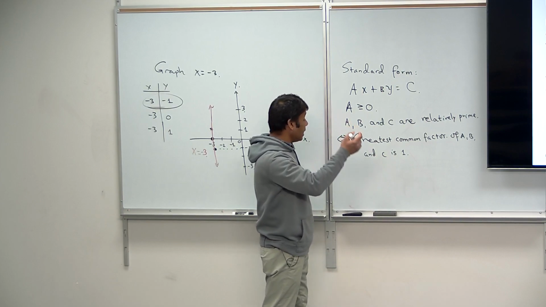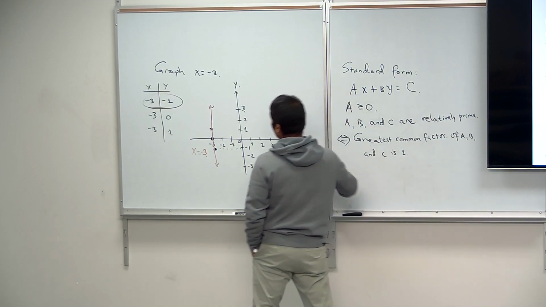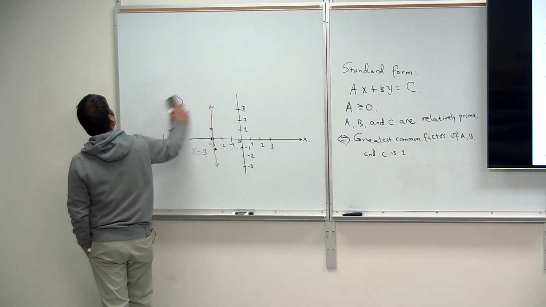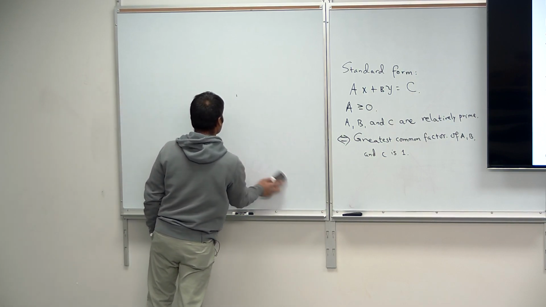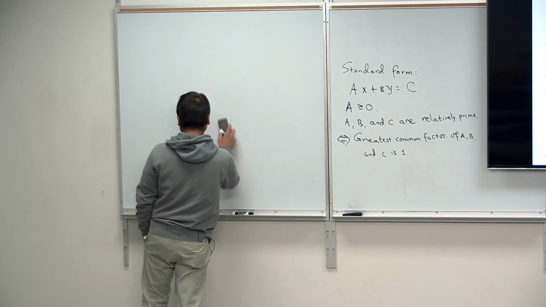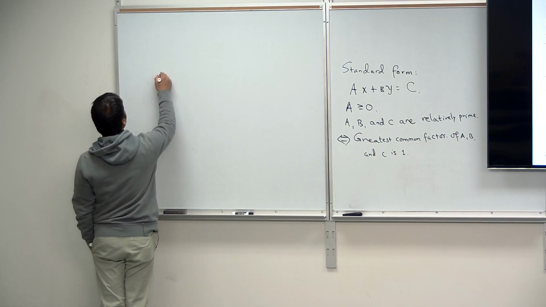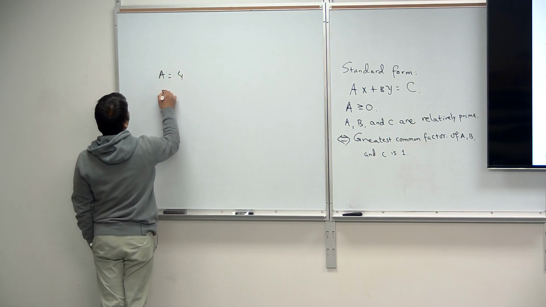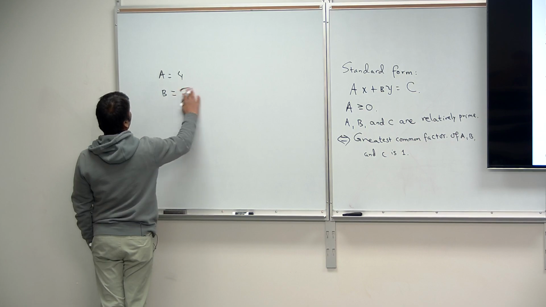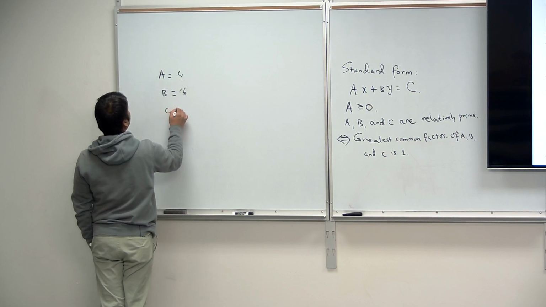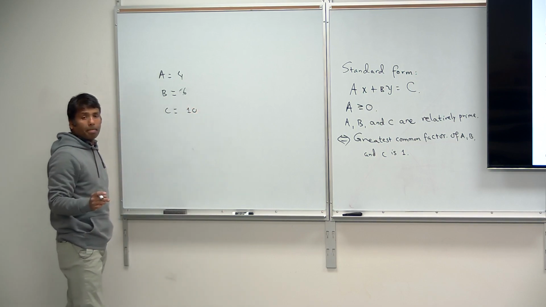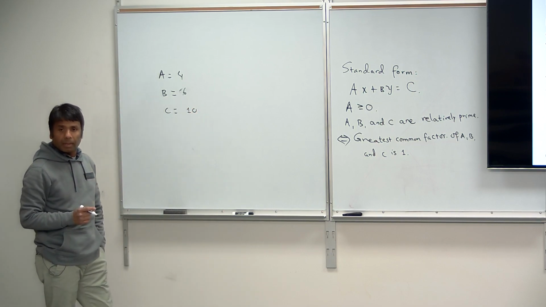Let me give you an example here. Look here. If you have, let's say, a equal to 4, b equal to 6, and c equal to, let's say, 10. Right?